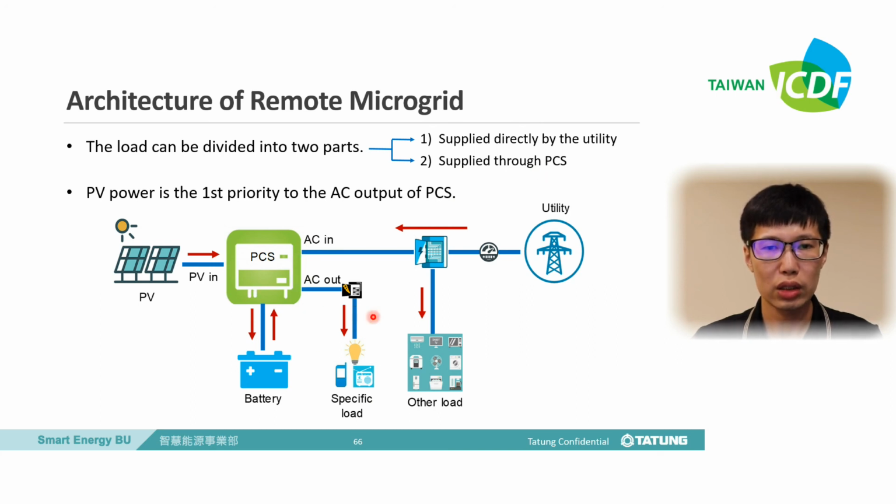In this case, the utility, the PV and the battery, all three of these can supply power to the load through the PCS. Among them, PV power is usually the first priority to the AC output of the PCS.